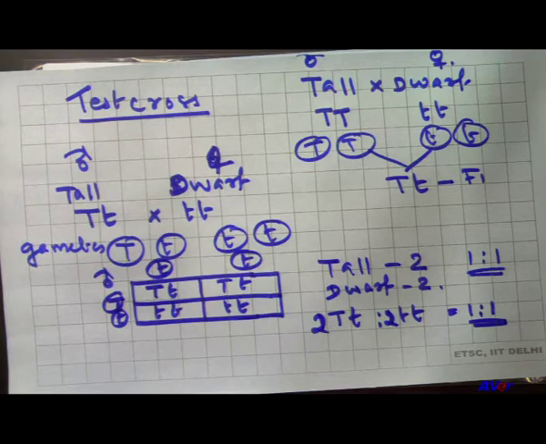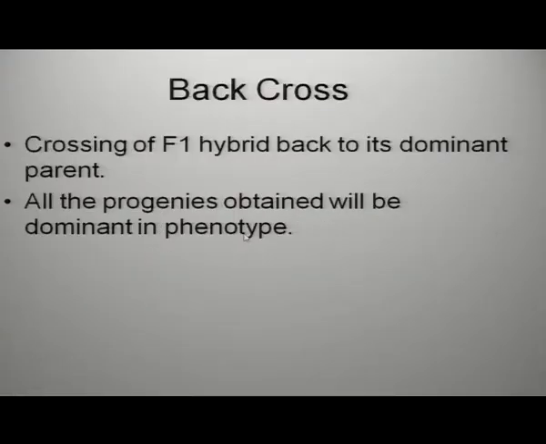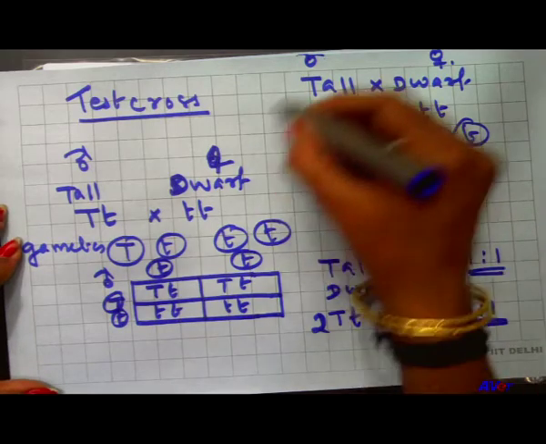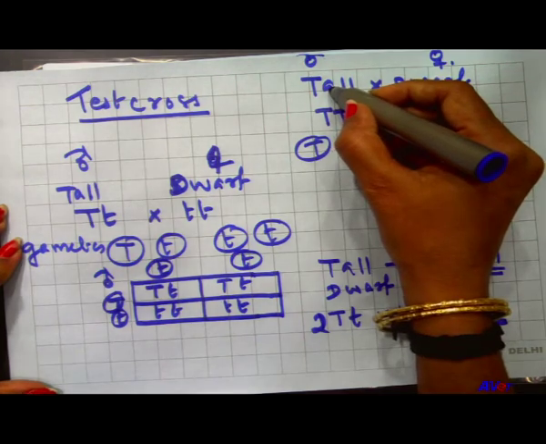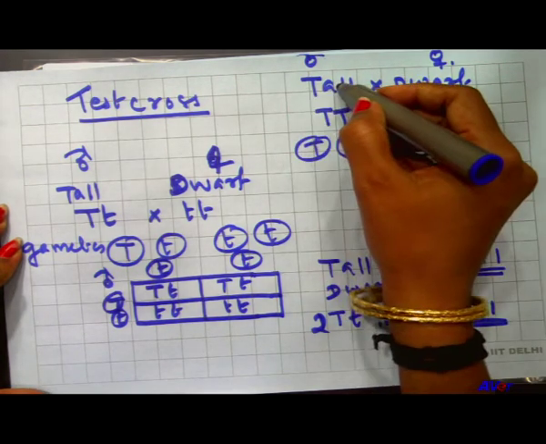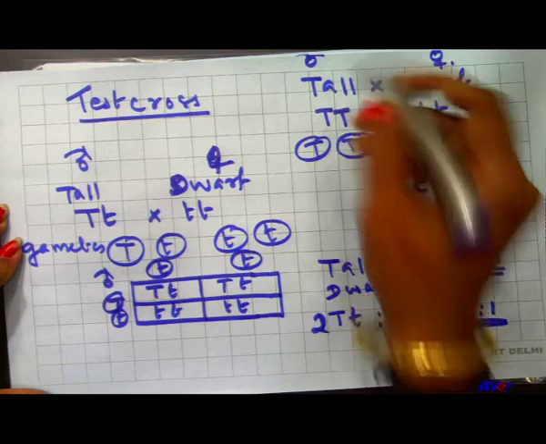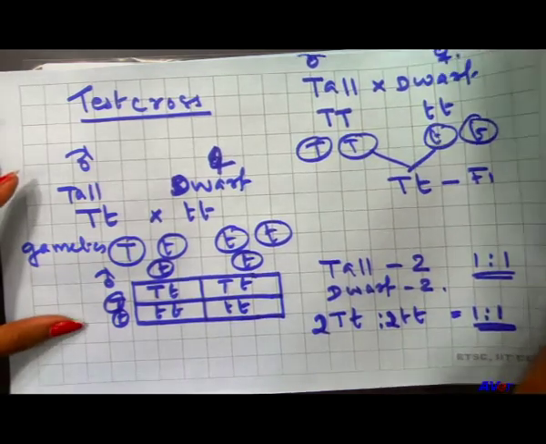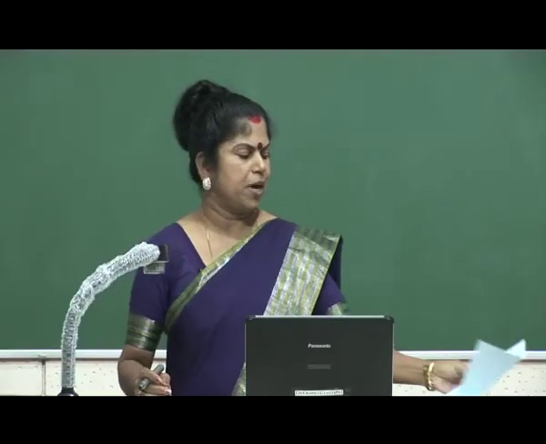Now comes the back cross, that is crossing of an F1 hybrid back to its dominant parent. Now we can see what is the result of a back cross.